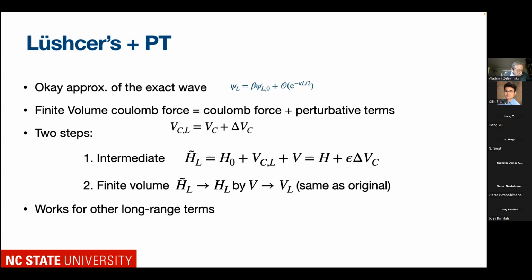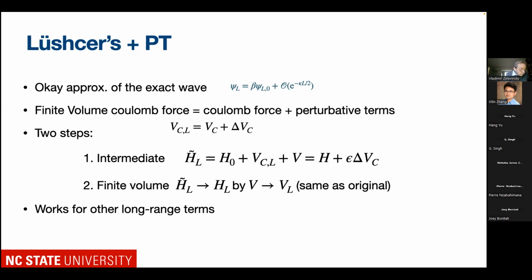Doing this, we get intermediate Hamiltonians. And we use these intermediate Hamiltonians to construct Lüscher's formalism, and everything remains the same, except we are using intermediate Hamiltonians, and we need to perform perturbation theory on it.